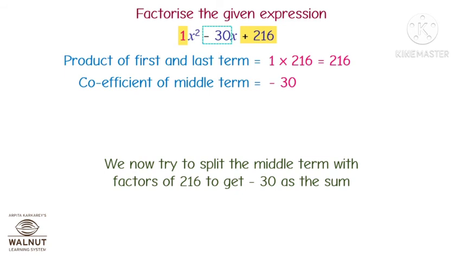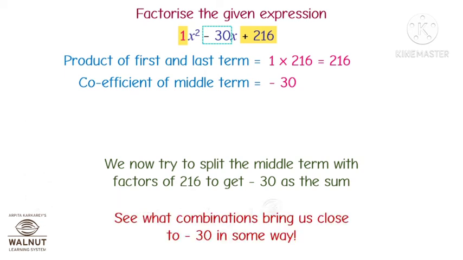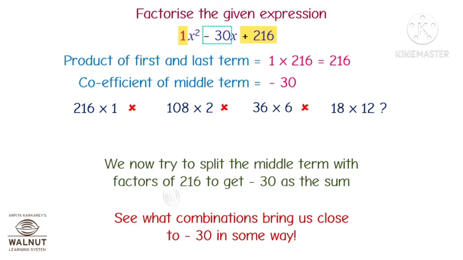We now try to split the middle term with factors of 216 to get minus 30 as the sum. See what combinations bring us close to minus 30 in some way. 216 into 1 cannot be the option. 108 into 2 cannot be the option. 36 into 6 cannot be an option. 18 into 12 might be an option.